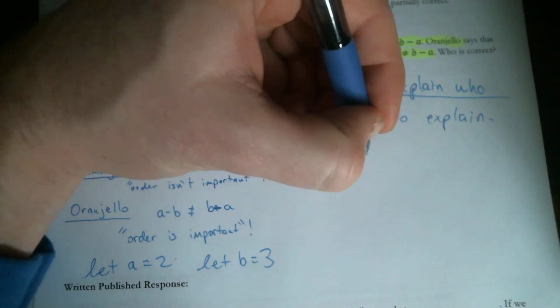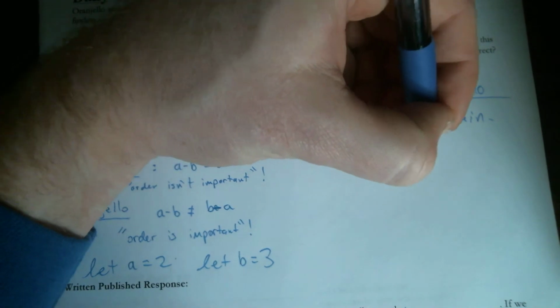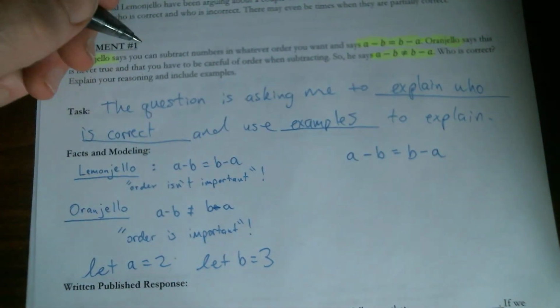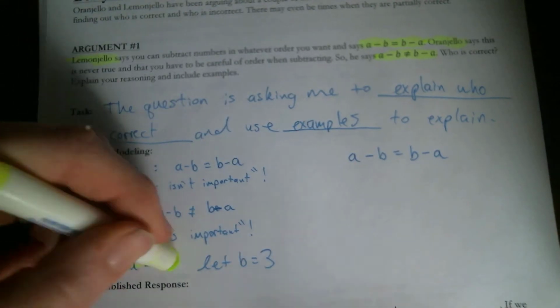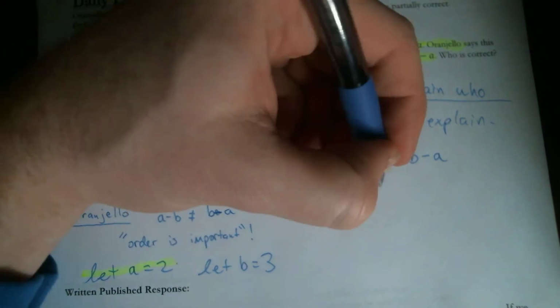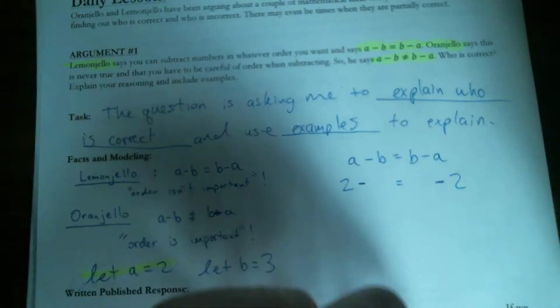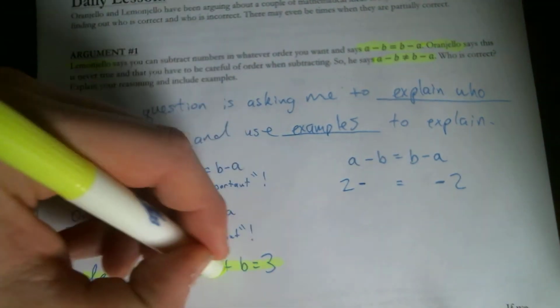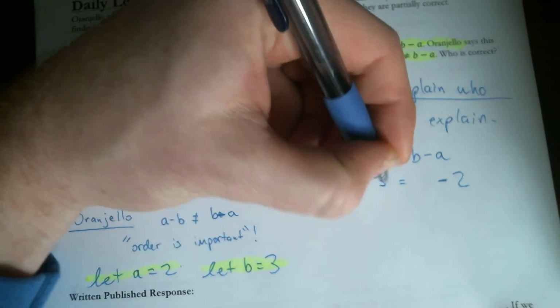So I have A take away B and B take away A. Remember, we said let A equal 2. That's important. So that means I'm going to write 2 in place of the A for both of them. Taking away 2. But then we also said let B be 3. So B is 3.